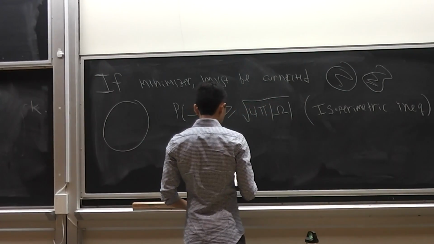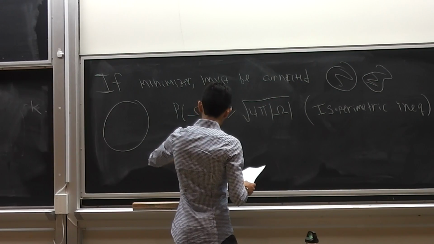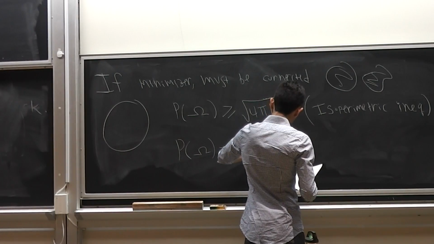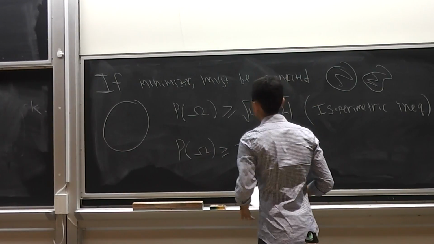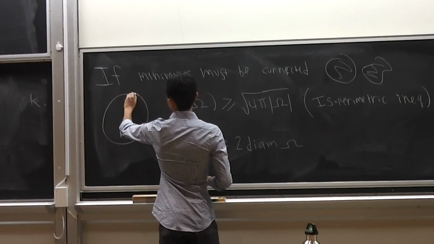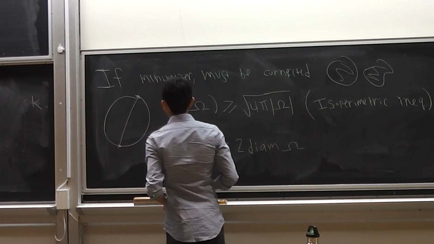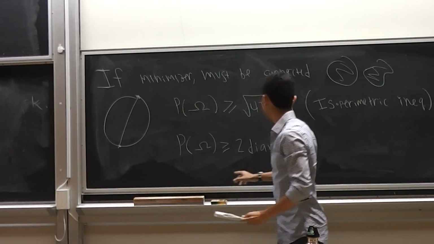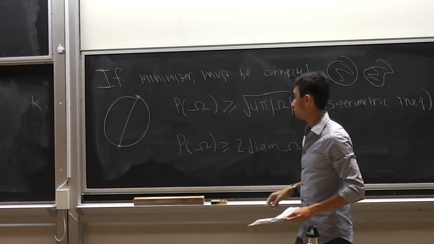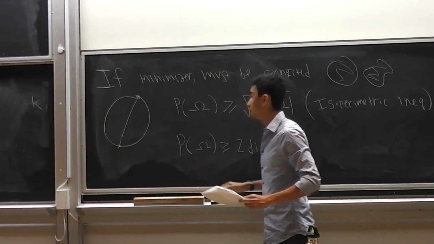We also have a bound on the diameter that says the perimeter is greater than or equal to twice the diameter. If you look at these two points in the set, the perimeter has to be at least this plus this, so that's intuitively clear.